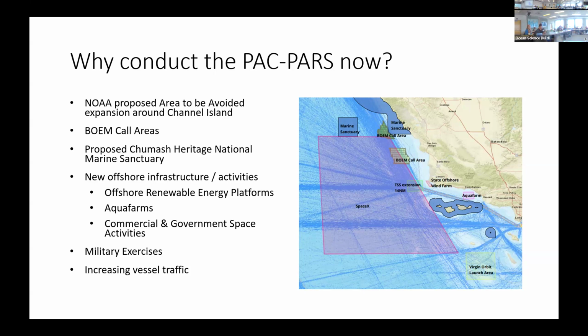There has been a significant increase in space activity throughout the region, mostly on the California coast, whether it's a launch or recovery of a space vessel. And then also other new infrastructure, including aquafarms and commercial and government activities that were being proposed.